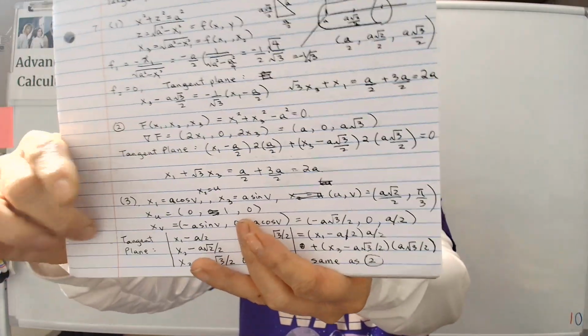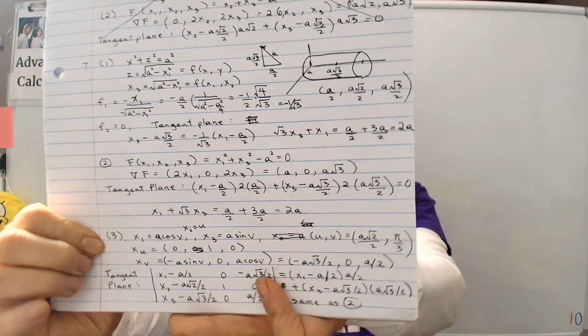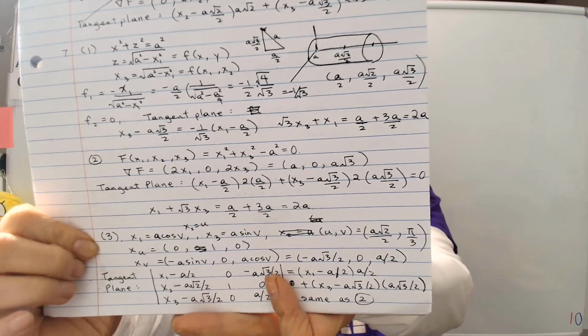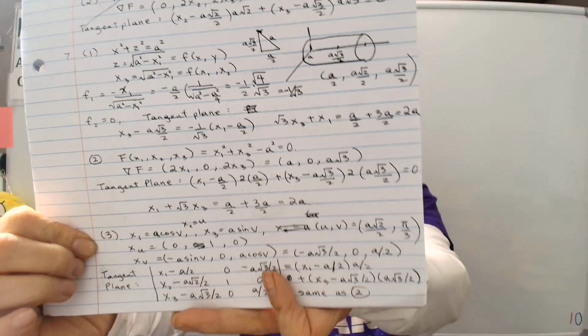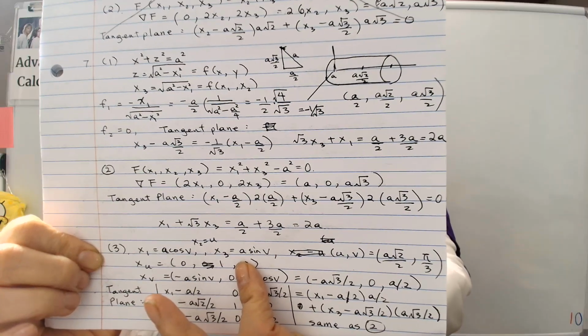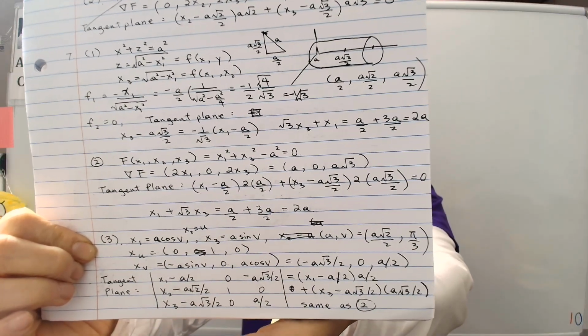The third option is to represent that cylinder in parametric form, which, if you stare at it for a while, you eventually realize should be cosine v, sine v for the two coordinates, and then x2, since we don't care what it is, we'll call u.